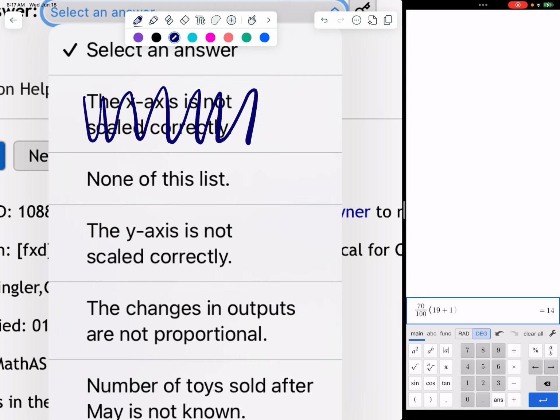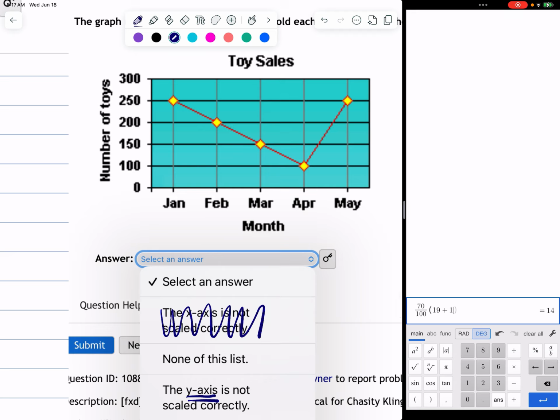This one says the y-axis is not scaled correctly. Okay, let's go take a look. 0 to 100 is plus 100. Okay. Oh. What? 100 to 150 is only a jump of 50. 150 to 200 is 50. 200 to 250 is 50. 250 to 300 is 50.